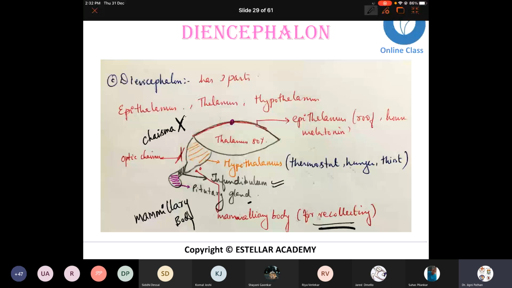Infundibulum, pituitary gland, hypothalamus, thalamus, epithalamus, which is the roof, and it is the house for the pineal gland that secretes melatonin.